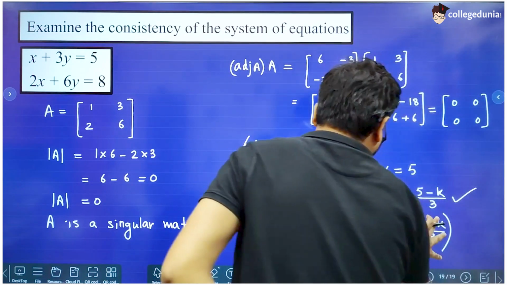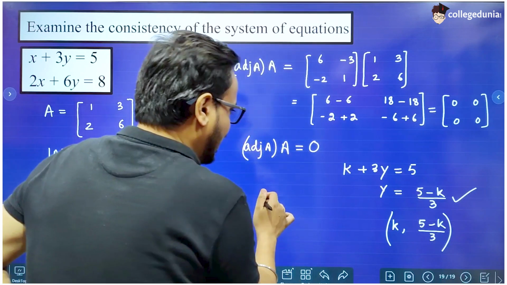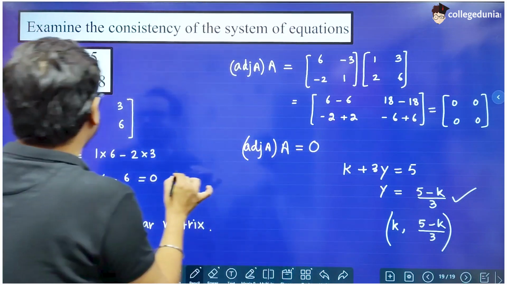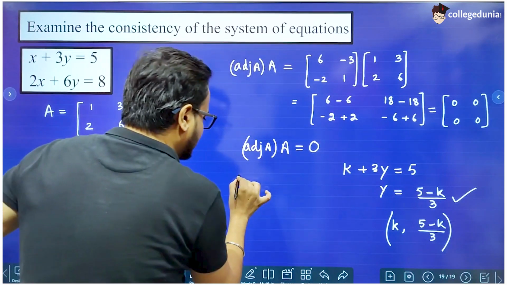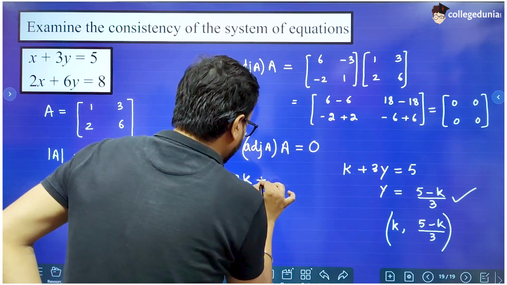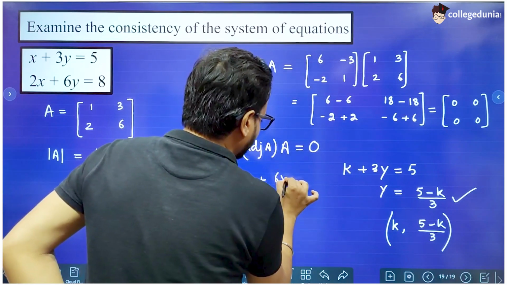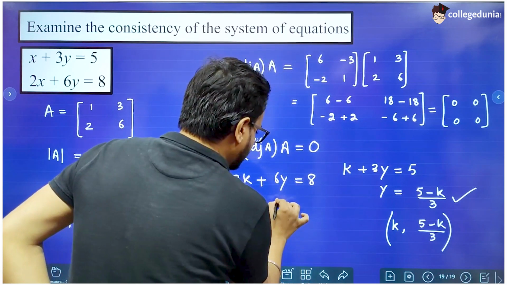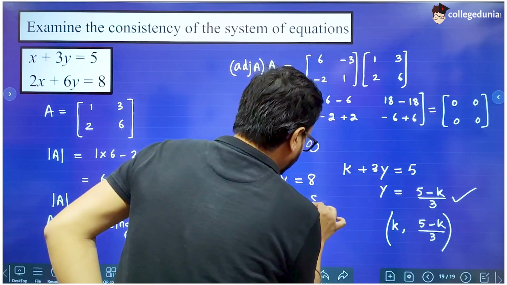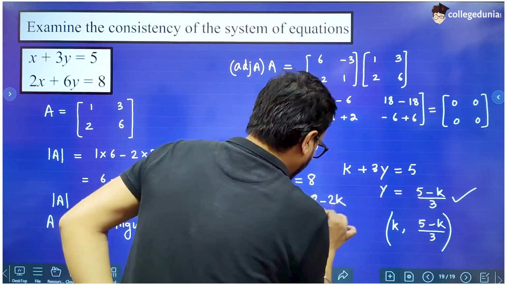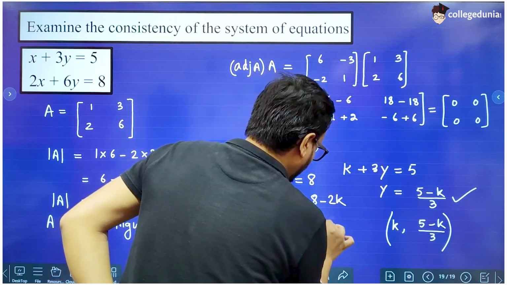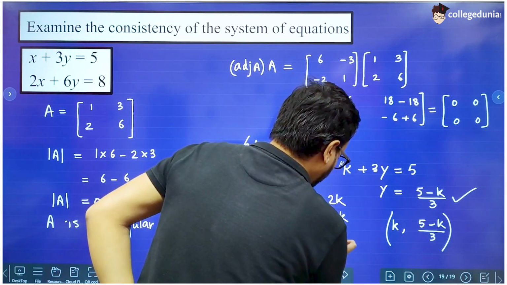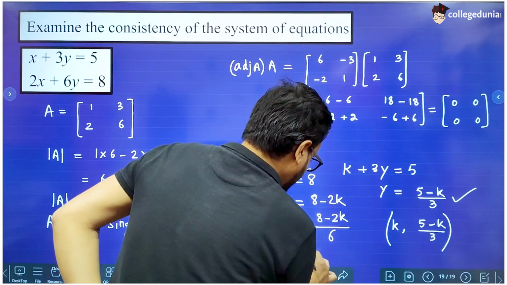But now if you put x equal to k in the second equation, you will get 6y equal to 8 minus 2k, or y equal to 8 minus 2k divided by 6.